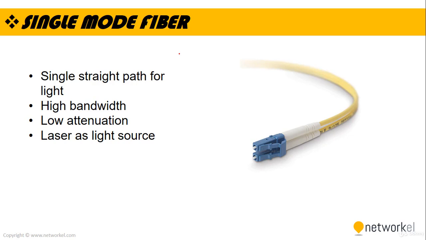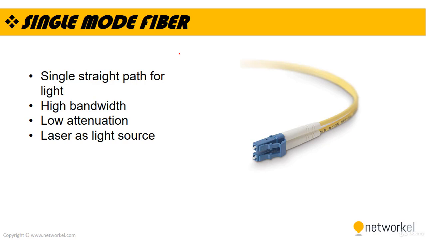The two primary types of fiber cables are called single mode and the multi-mode fiber. Single mode fiber uses very thin glass strands and a laser to generate light, while multi-mode fibers use LEDs.